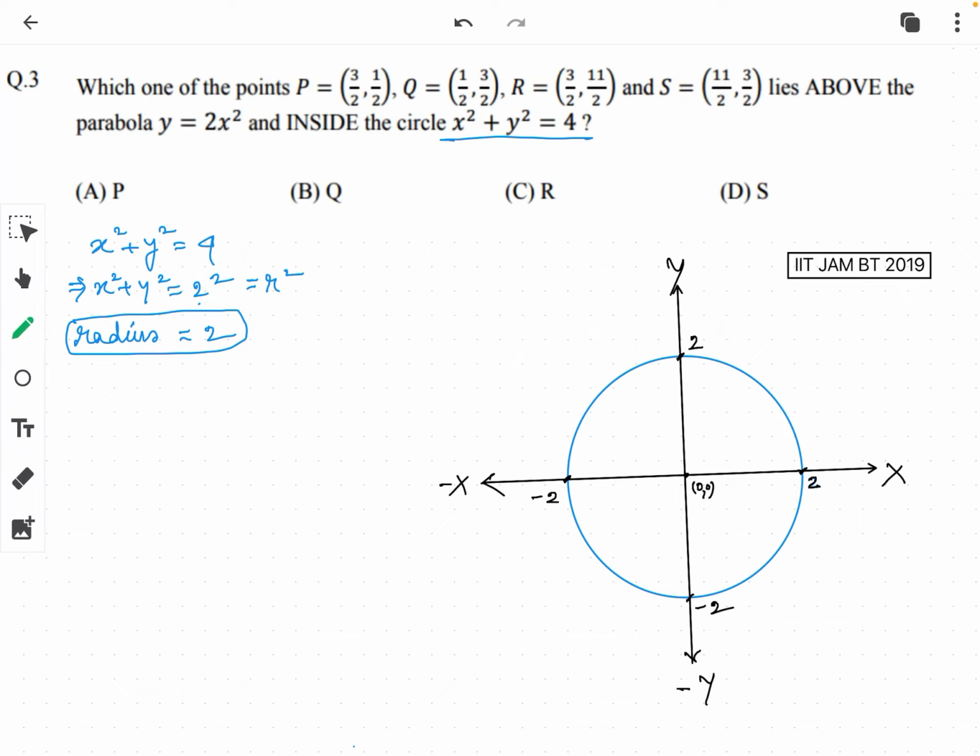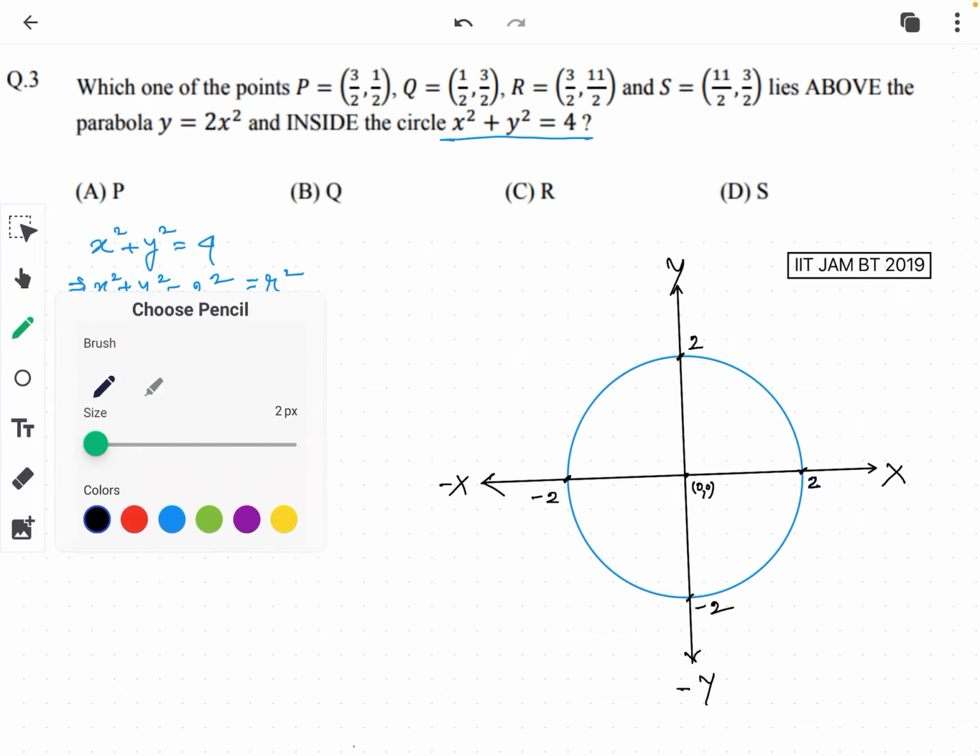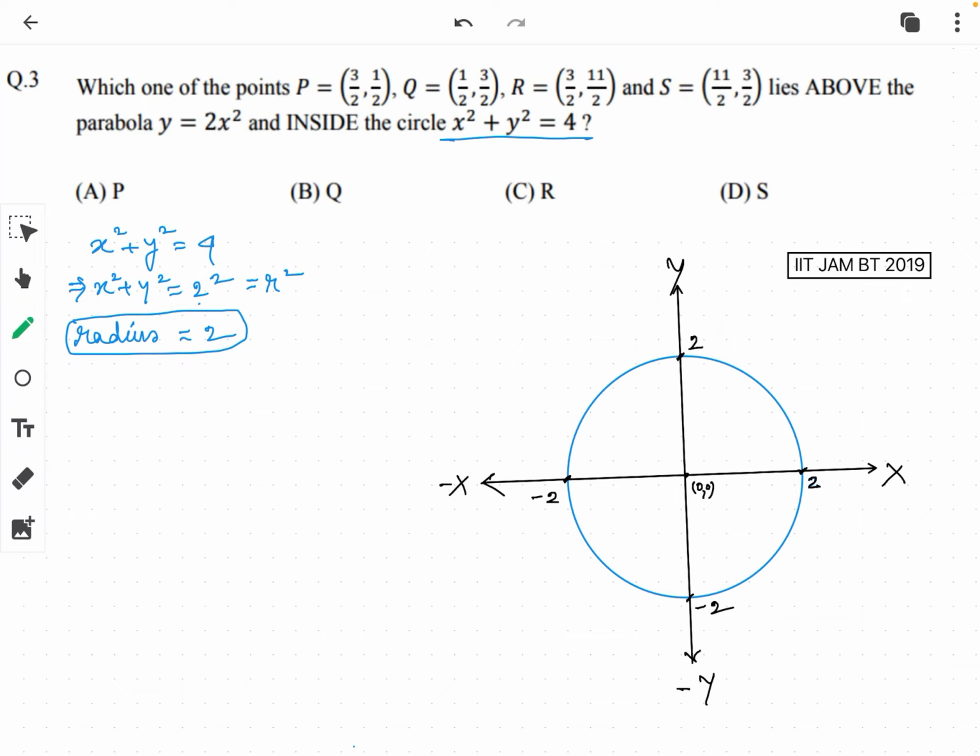Now there is an equation of a parabola, right? The equation of the parabola is y equal to x square. That means its nature is like this. This is the nature of the parabola. See here, if we put x equals 0 in y equal to x square, we get y equals 0.